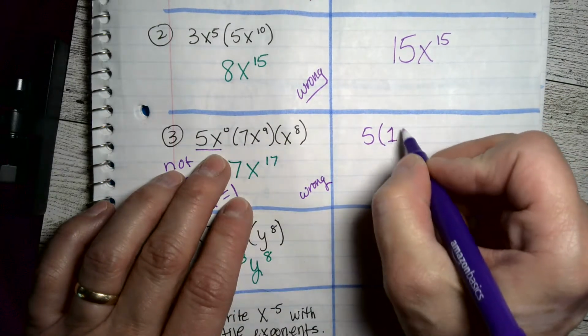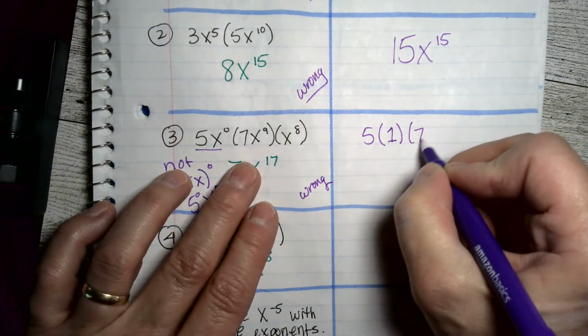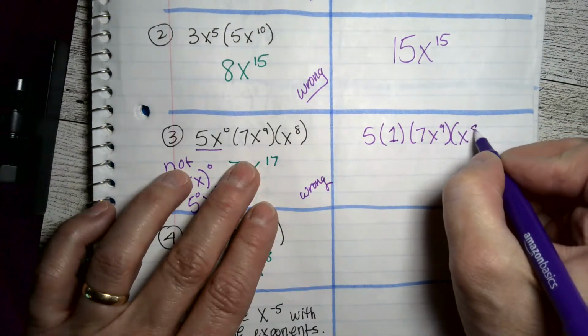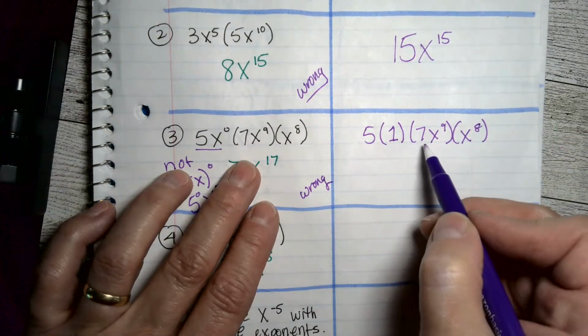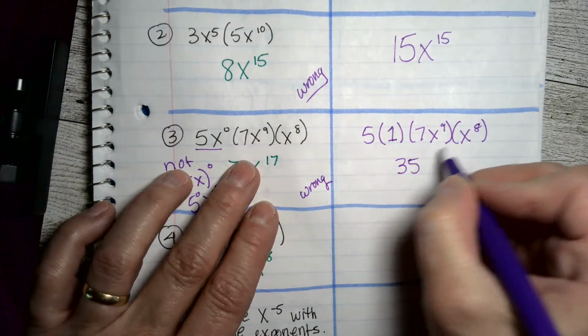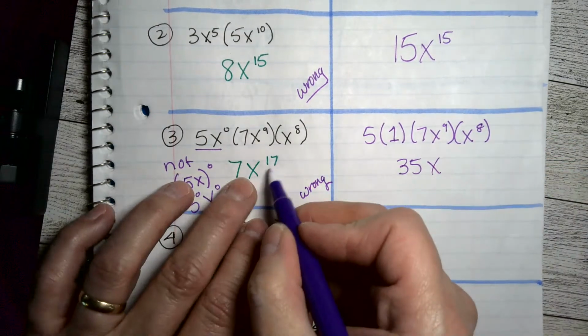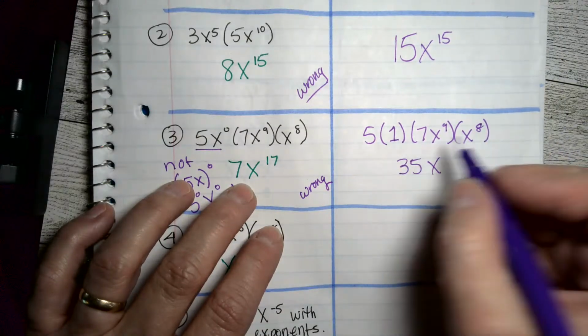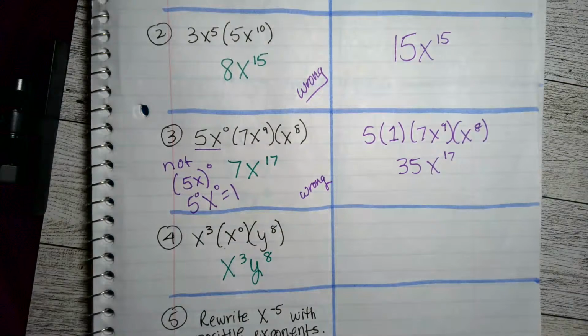That is 1. Then you have 7x to the 9th and 8x to the 8th. Well, 5 times 1 times 7 is 35. And she got the exponent on the x's correctly. There's 9 here and 8 there, so altogether that's 17.